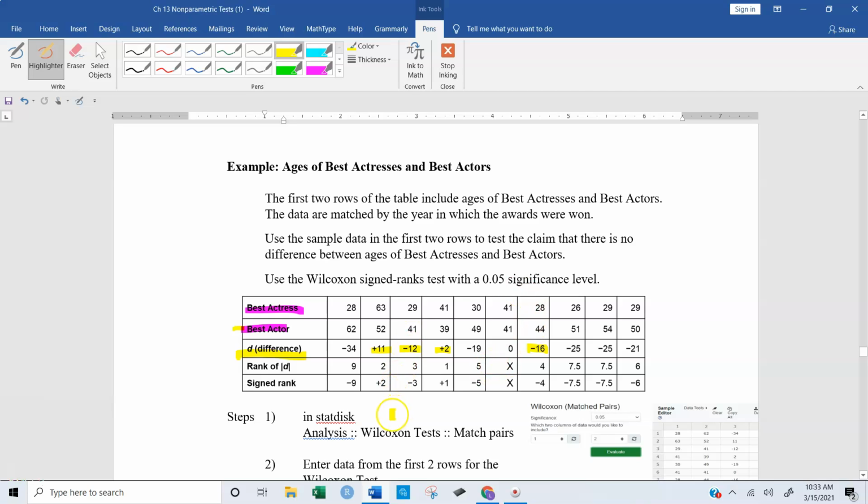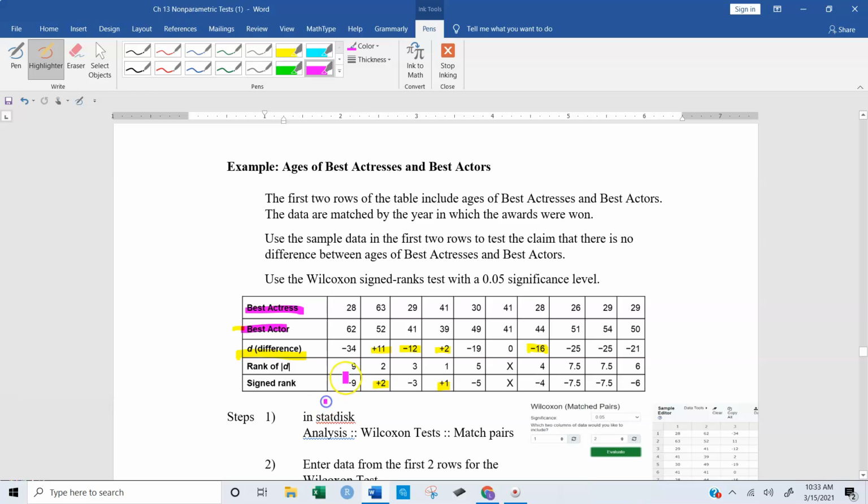Now you do the signs of those. So this one was negative, positive, and that's what you're looking at. So when we look here, we have 2 positives, and the rest are negative. If it's 0, it does not count.